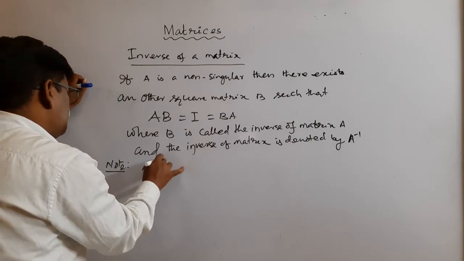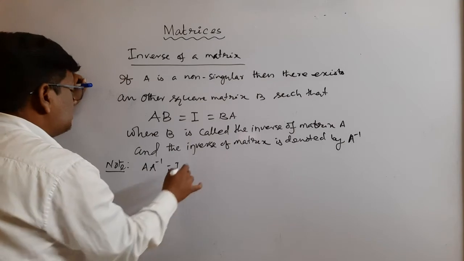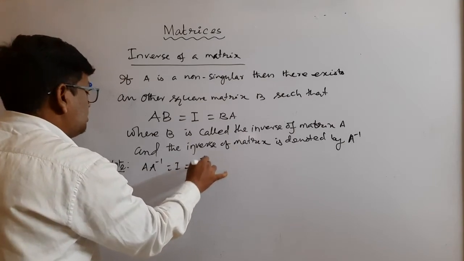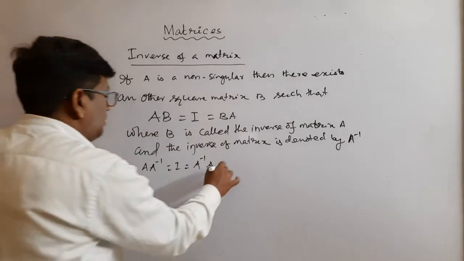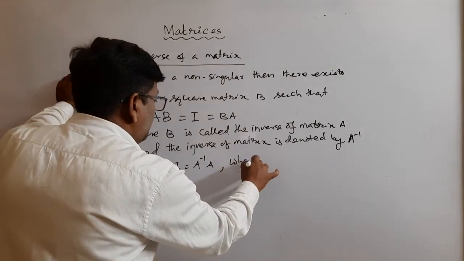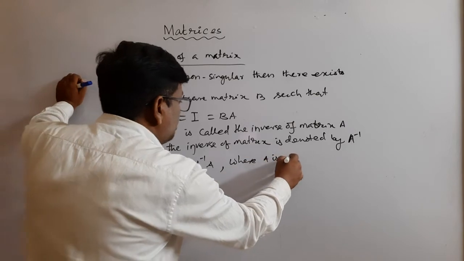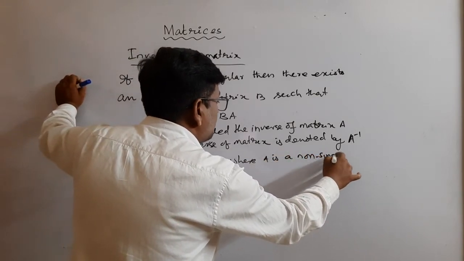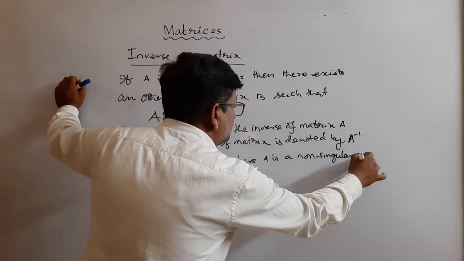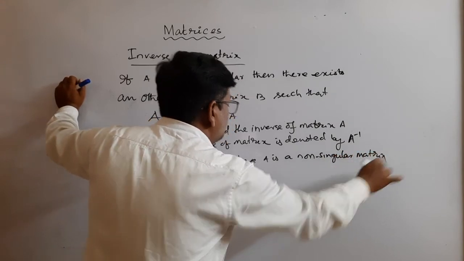Okay, so according to this, A into A inverse is equal to the identity matrix is equal to A inverse into A, where A is a non-singular matrix.